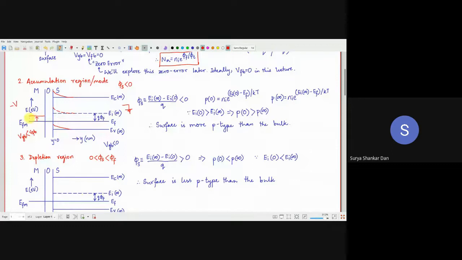So if this is, let us say, 0.1 eV, this will also change by 0.1 eV. And this dashed line is basically EI, the intrinsic Fermi energy level. This intrinsic Fermi energy level is at the middle of the band gap, so according to the band gap, everything else will also change. So this shift is also 0.1 eV.